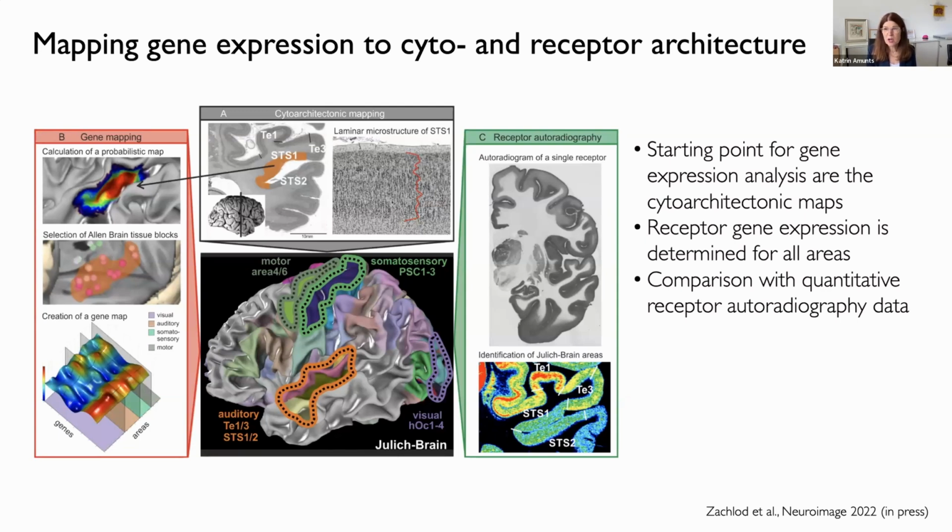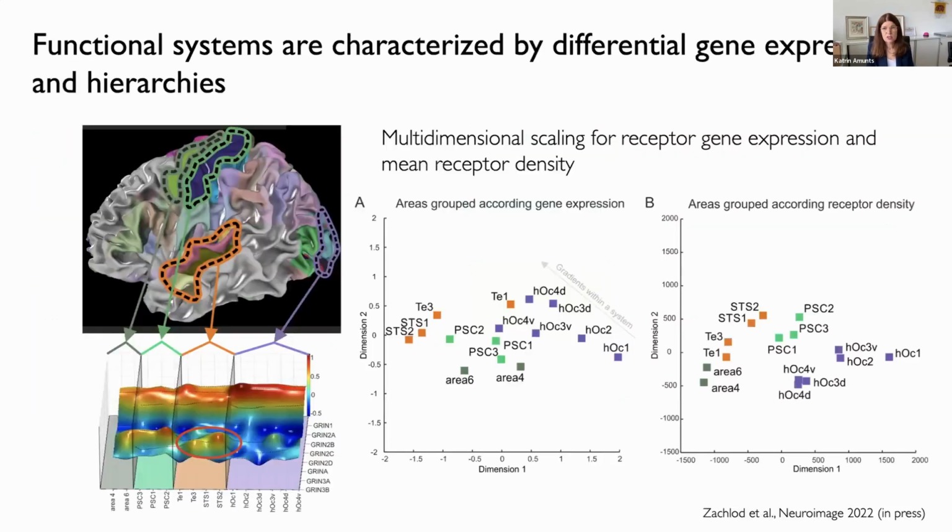And Sebastian Bludau will probably show you more about it tomorrow. But the idea here was really to see whether the similarities that we observe in cytoarchitectonic organization correspond to receptor architecture, and whether receptor architecture has a close link and correlation to the genetic architecture of this region.